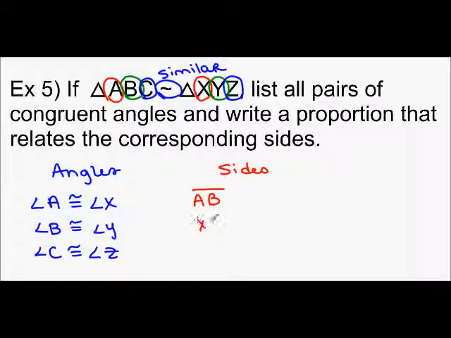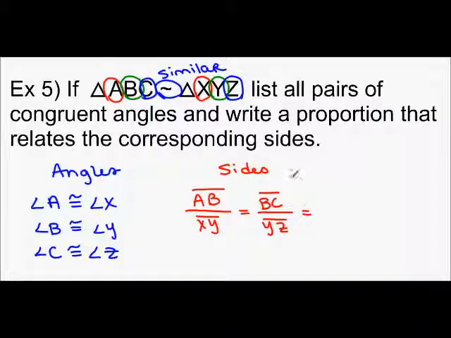So XY. This says side AB is proportional to side XY. Okay. Equals. Next side, BC over YZ. So we had 2, 3, 2, 3.